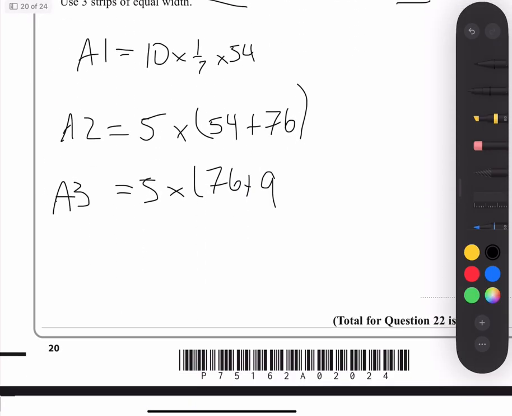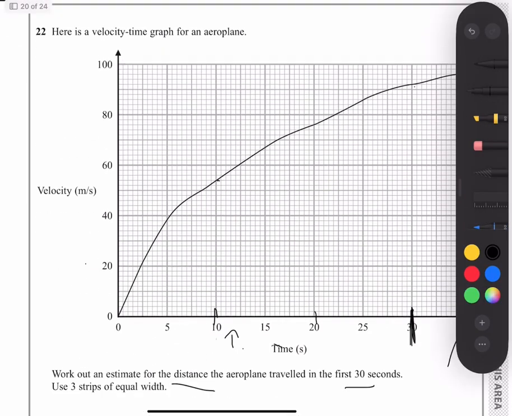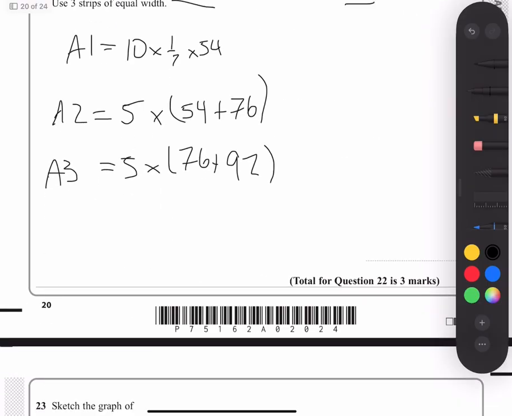It's 92, wasn't it? Yeah, that's 92. So we type that into our calculator: 5 lots of 54 plus 54 plus 76 plus 76 plus 92, which gives us 1760.